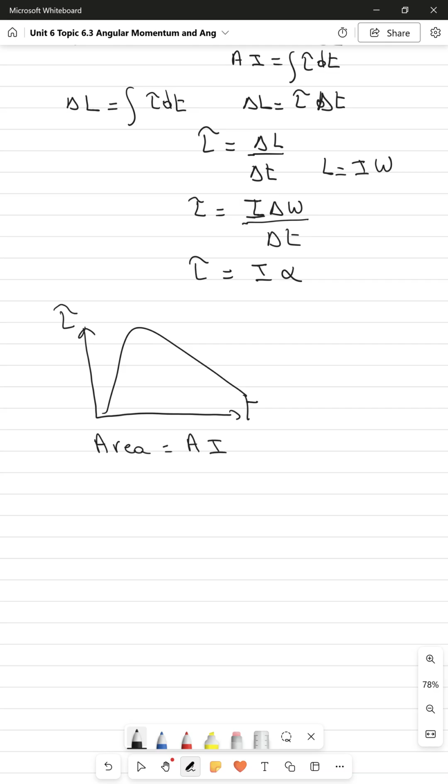And if I have an angular momentum and time graph, the slope will be equal to the torque. So we are just having the same as what you did in unit 4, but switching to torque, angular momentum, and angular impulse. That's it for unit 6.3.